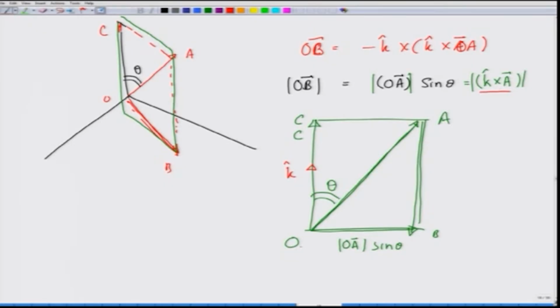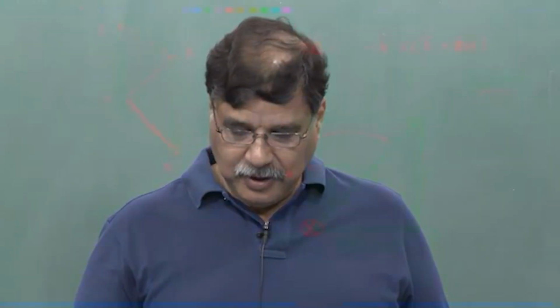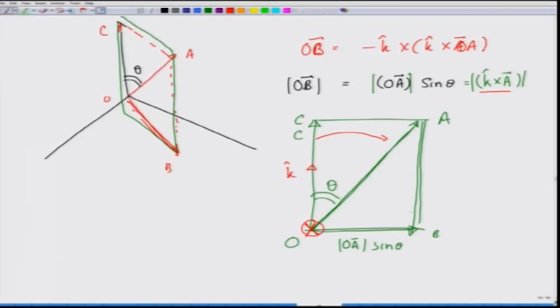So, this is nothing but modulus of k cross A. Notice if I apply my right hand rule k cross A, in this plane, I turn my fingers from k to A, and this is going to be k cross A going into the plane of this paper. So, its magnitude of k cross A is OA sin theta, but its direction is perpendicular to the plane OBAC. I want to bring it back to OB.